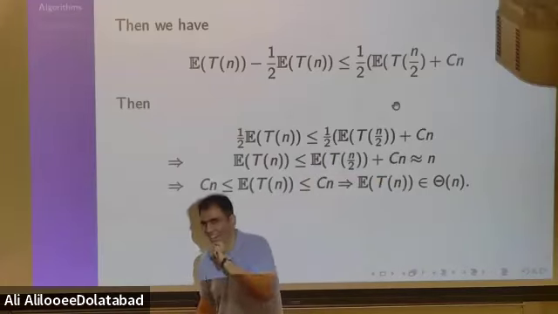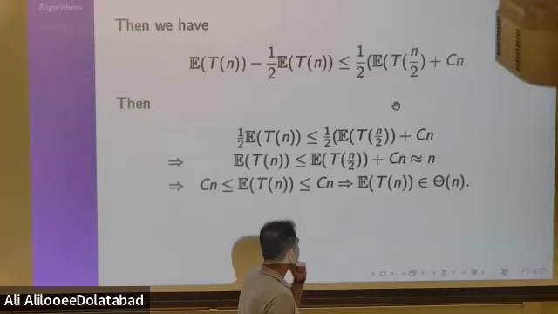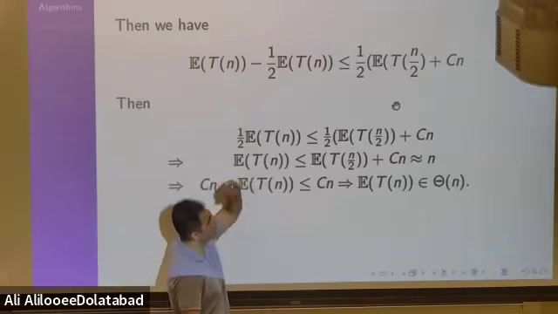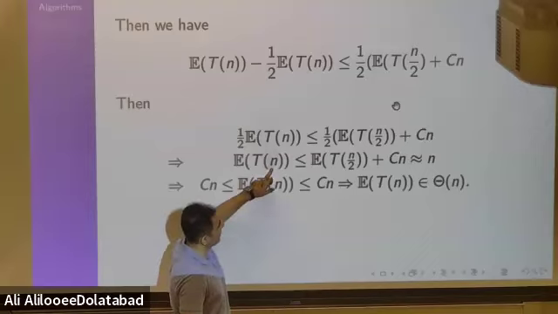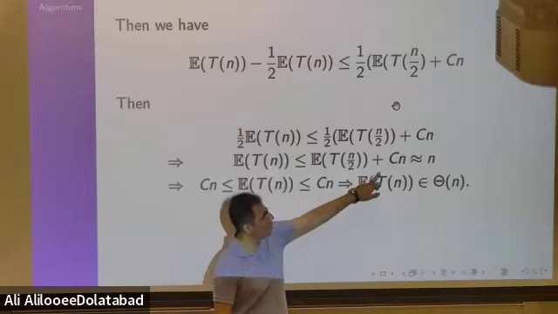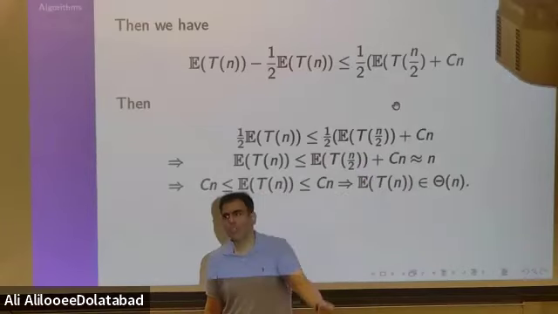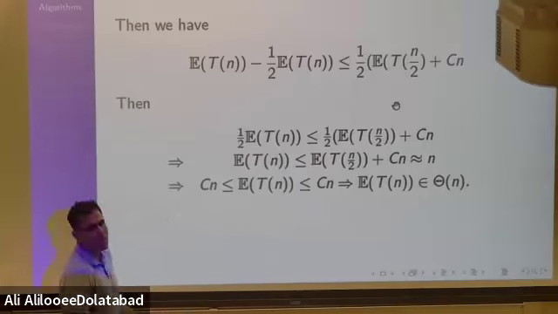This can be done by using substitution or recursion. By substitution, you just replace n with n over 2, and here you will get E of T of n over 2, E of T of n over 4 plus Cn over 2. And you continue substitution, eventually you will reach a geometric sum. And that geometric sum asymptotically is the same as Cn.